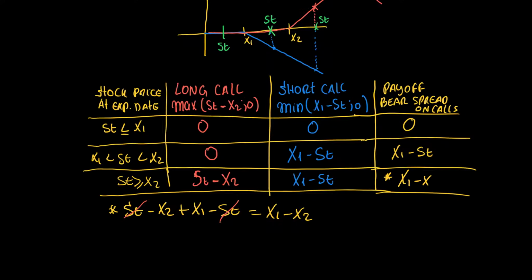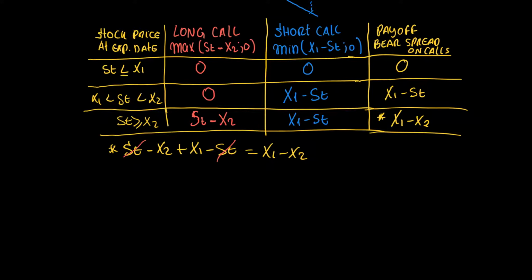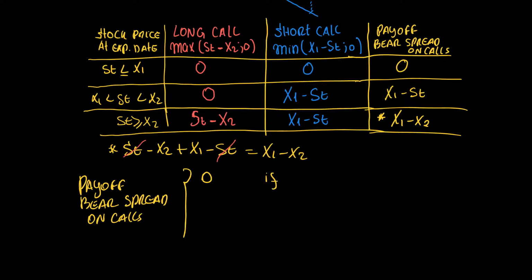So the final payoff of a bear spread on calls is going to be equal to 0 if the stock price is below or equal to X1.